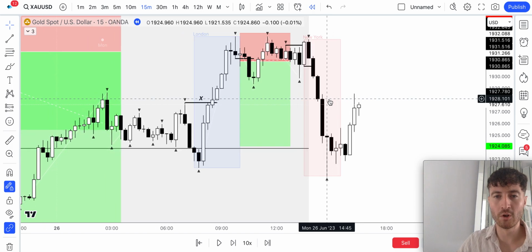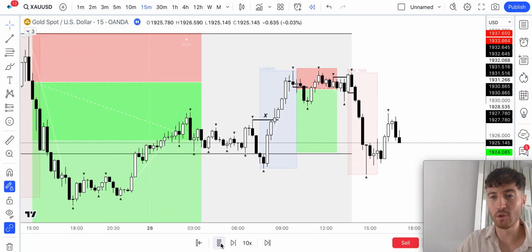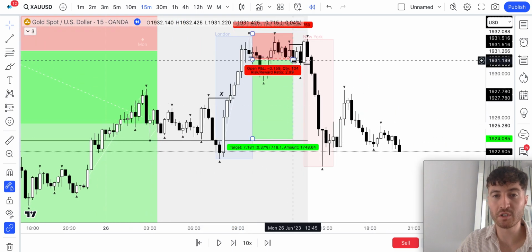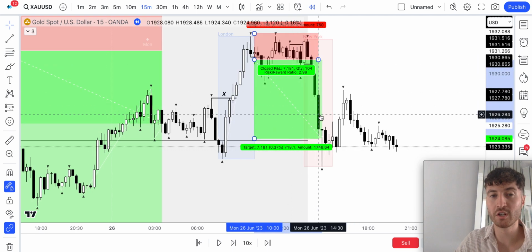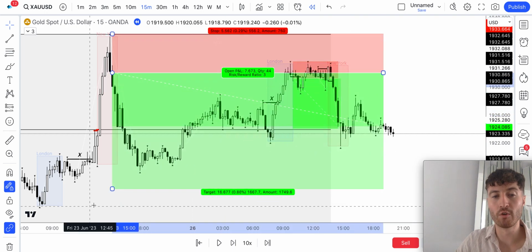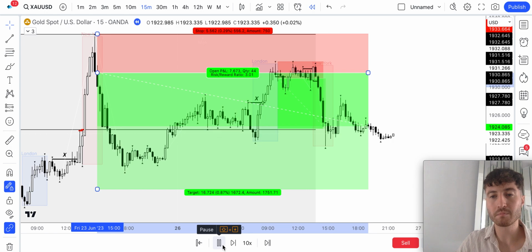Okay? So you can see we're triggered in them 2 trades. The second one smashed take profit within the New York session, and the other trade is currently still running here, and let's see if that ultimately plays out here.